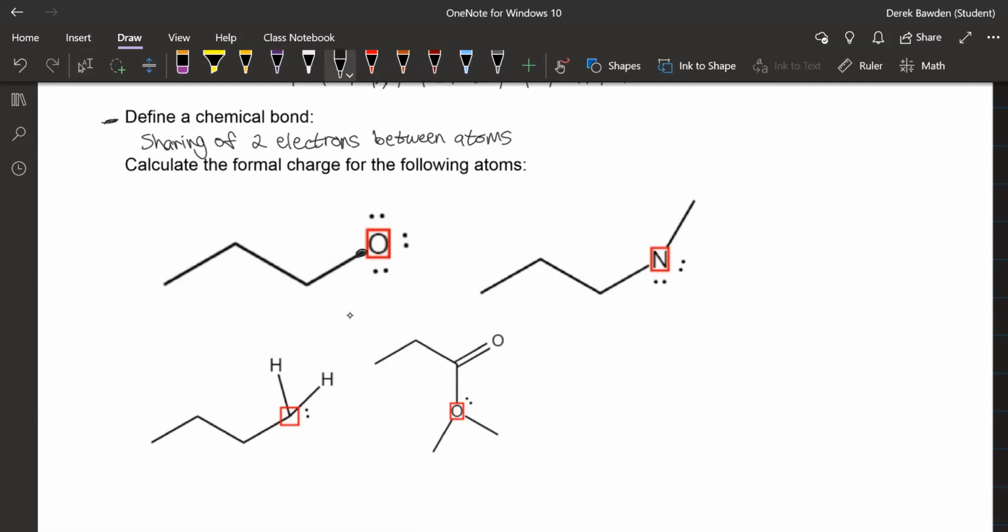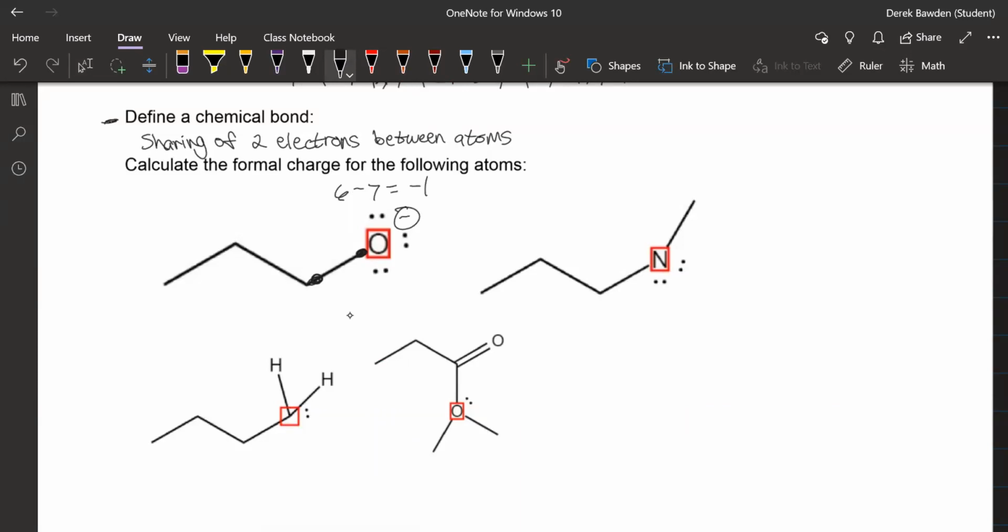So there's 2 electrons in this bond, and we're only going to count oxygen owning 1 of them. Okay, so how many electrons does oxygen own right now? 7. It owns 7, right? So it wants 6, and it owns 7. That gives us a formal charge of -1. Okay, so this oxygen will have a negative charge.